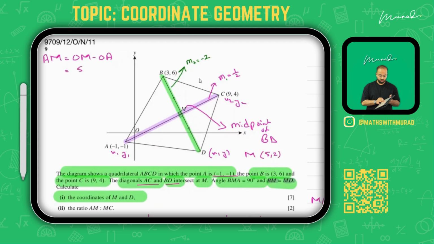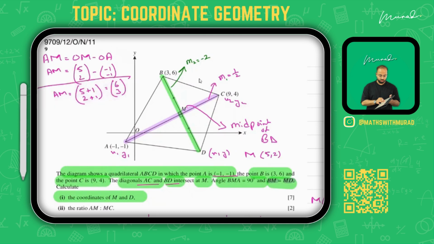I'll write 5 and 2 over here, and the coordinates of A, which I already know, are going to be minus 1, minus 1. I'll solve these two together. I'll get the value of AM, and this is going to be 5 plus 1, 2 plus 1, and the value of AM is going to be 6 and 3. So that's how I got the value of AM.